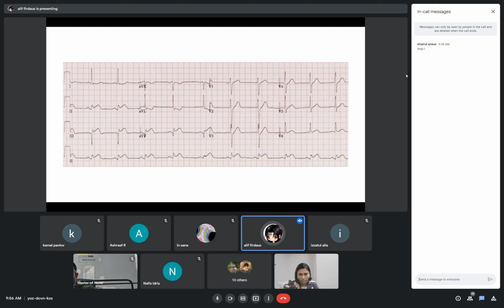So, another ECG. This one, we can see at lead 2, lead 3 and lead AVF, the inferior leads, ST elevation. I think in this strip the ST elevation in lead 2 is more obvious compared to the previous strip. And the reciprocal ST depression we can see at AVL.